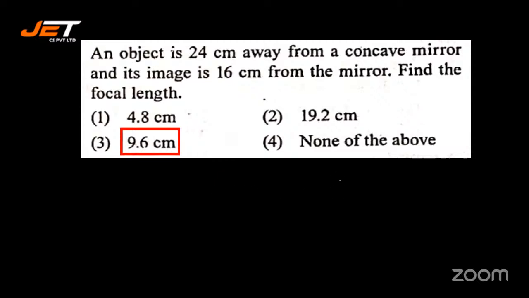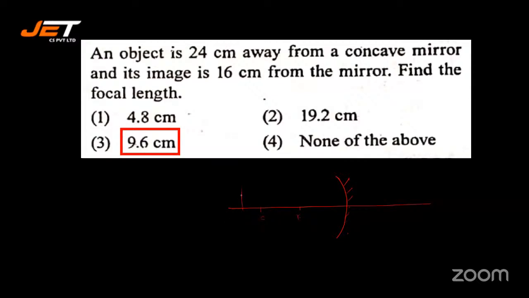So I've got the mirror here, a concave mirror. Object is in front, 24 centimeters away from the concave mirror. Students, image is 16 centimeters from the mirror. Right. So let's say this is my F, this is my C. And let us say we find the focal length.